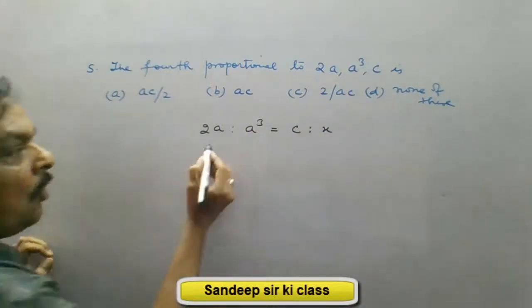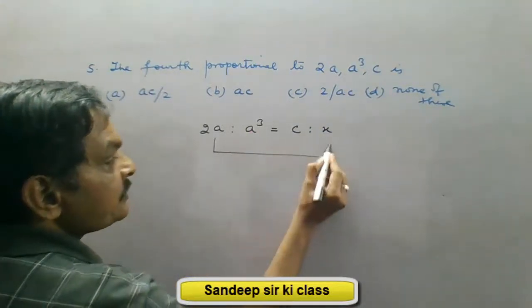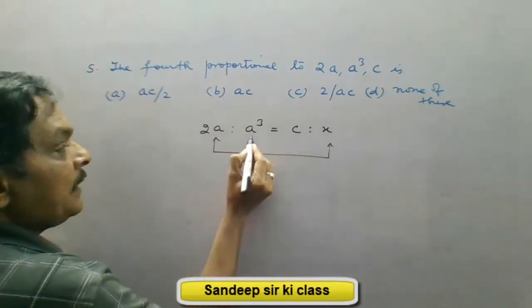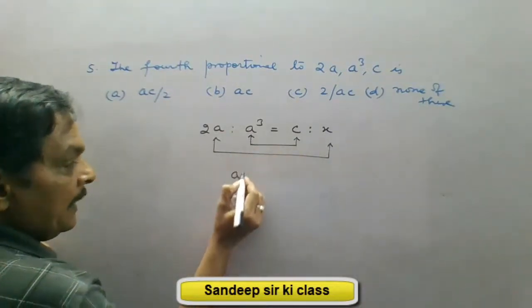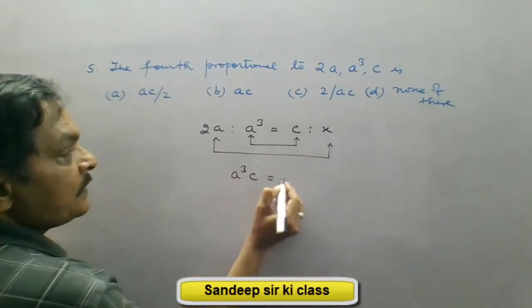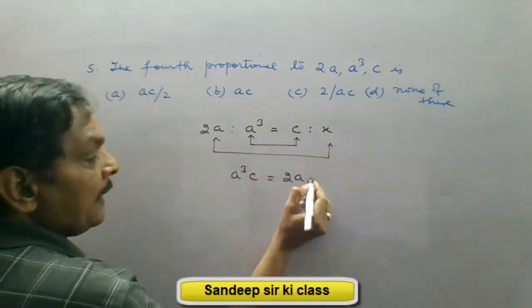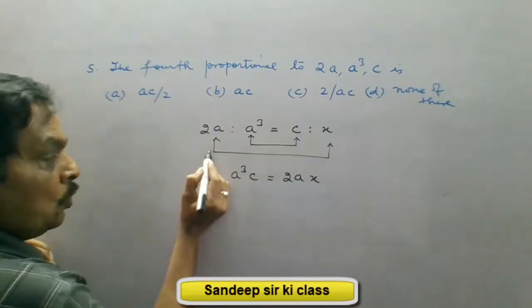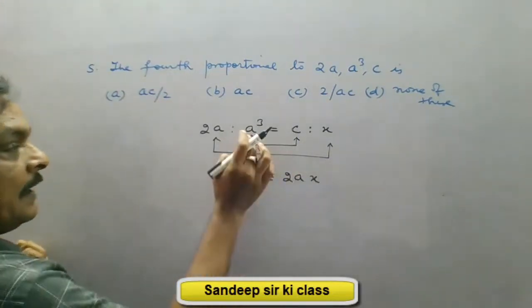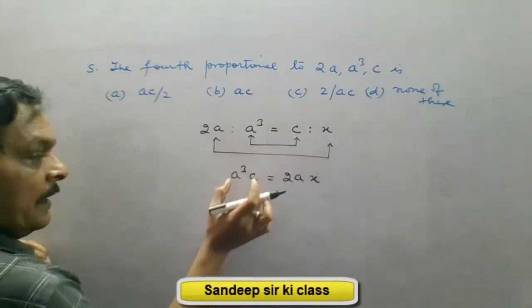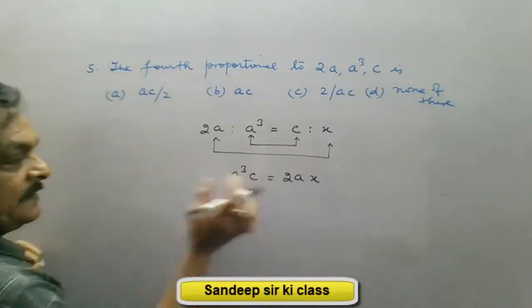Now product of extremes should be equal to product of means. Therefore a cube c should be equal to 2ax. 2a into x is the product of extremes, a cube into c is the product of means.